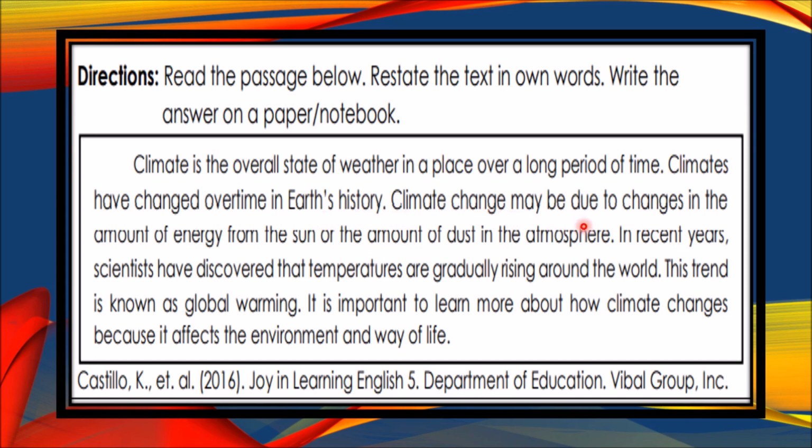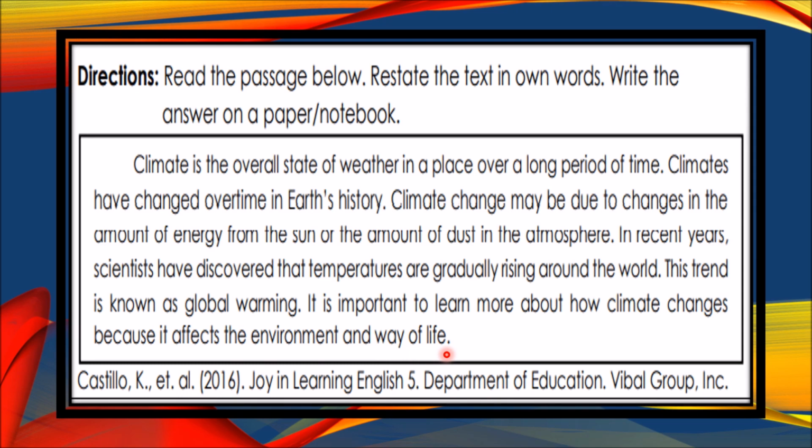Climate change may be due to changes in the amount of energy from the sun or the amount of dust in the atmosphere. In recent years, scientists have discovered that temperatures are gradually rising around the world. This trend is known as global warming. It is important to learn more about how climate changes because it affects the environment of life.